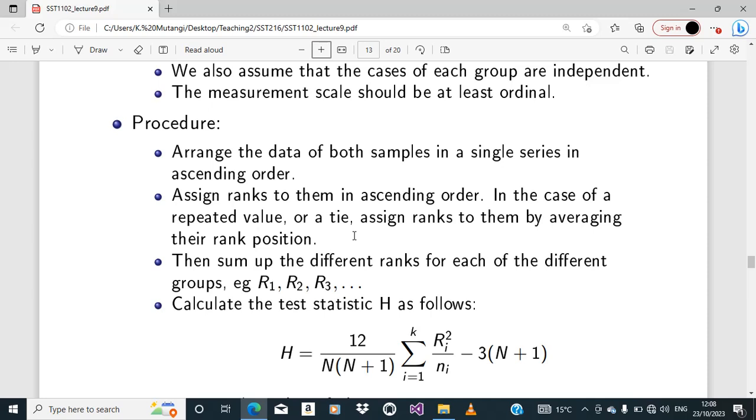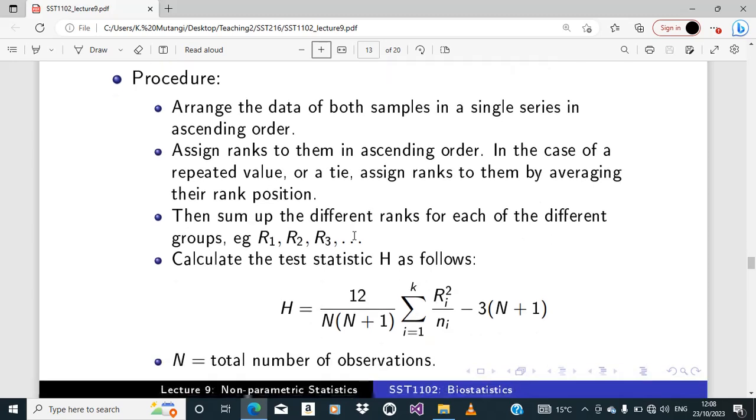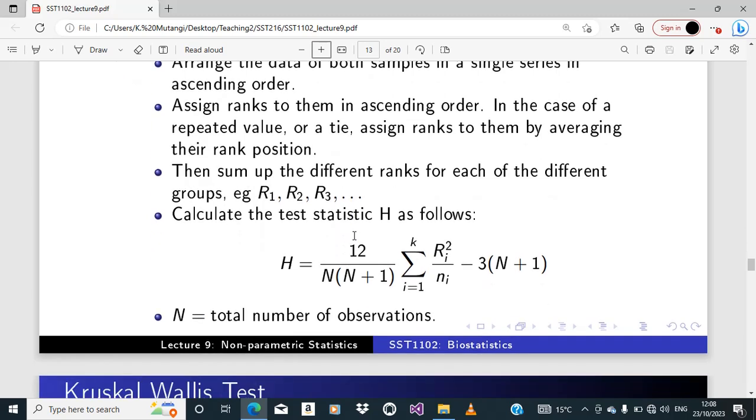In the end, you would need to substitute those values in the test statistic, H, which is given there. N is simply the total number of observations we have. So if you have 3 observations in group 1, 5 observations in group 2, and 4 observations in group 3, you would add those together to get your N in that case.